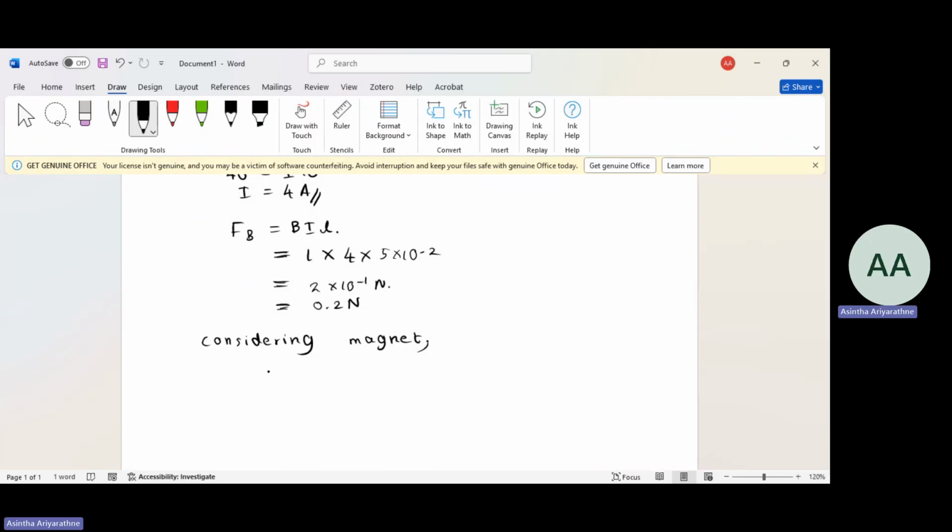So 0.2 Newton is equal to delta m g, the change in mass times g. So delta m is equal to 0.02 kilogram, which in grams is 20 grams.